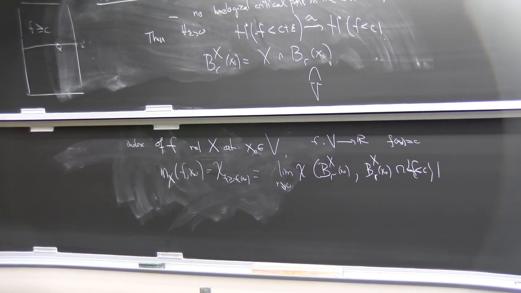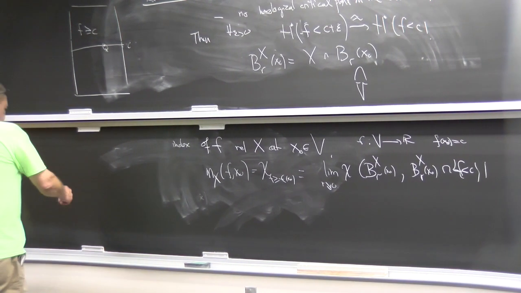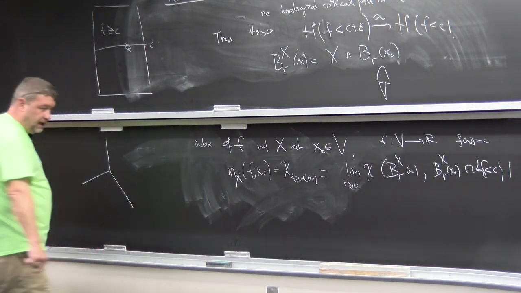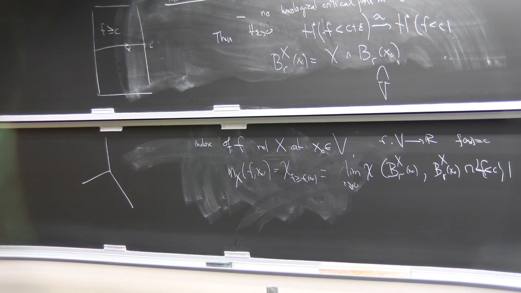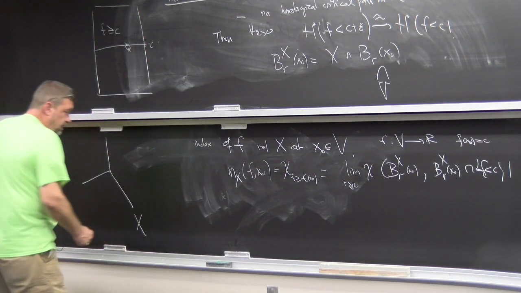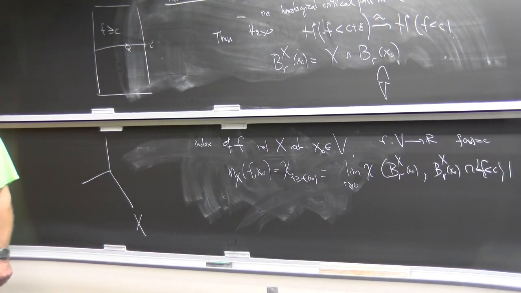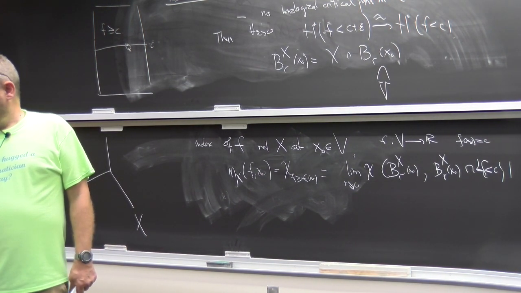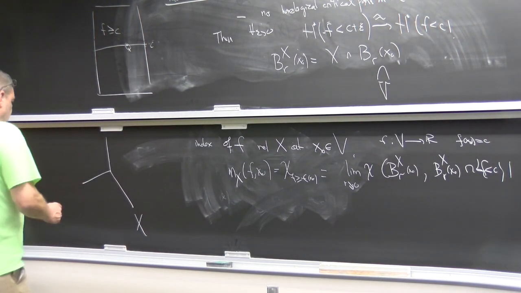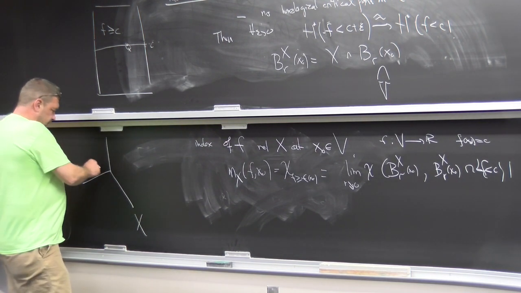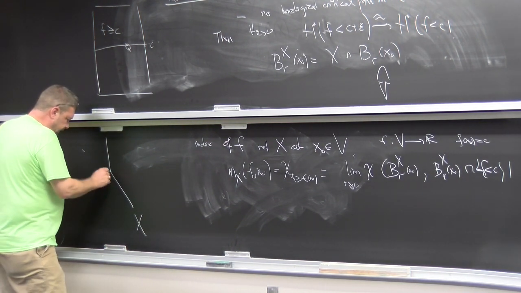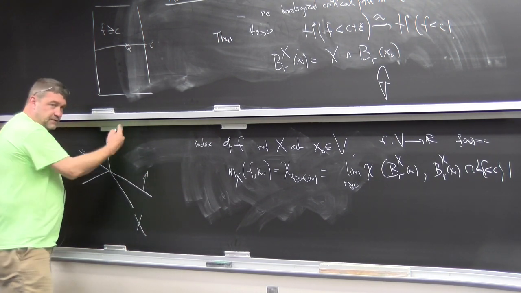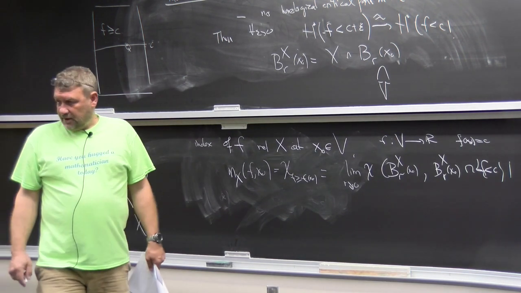Perhaps I should draw a picture. This is a very good picture. Let's take X to be the star. And in all examples, I'll let f be a linear function. It defines hyperplanes, and that's the direction of increase.